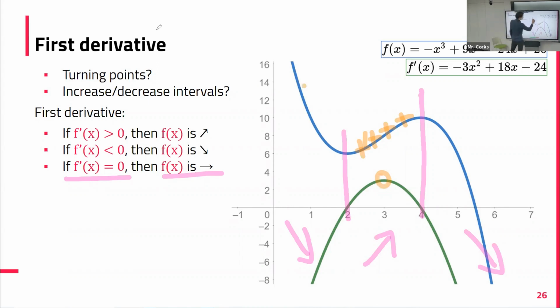But let's also notice on the outside here, the original function in this interval is decreasing. What do we notice about the first derivative? Okay, so the connection here, it's negative. That's our connection. So decreasing means slopes are negative. So the y values of the first derivative here are negative.